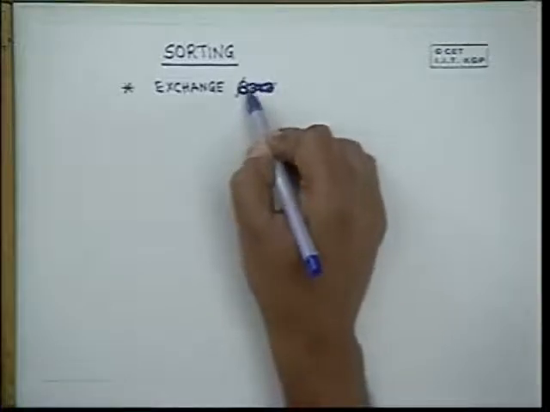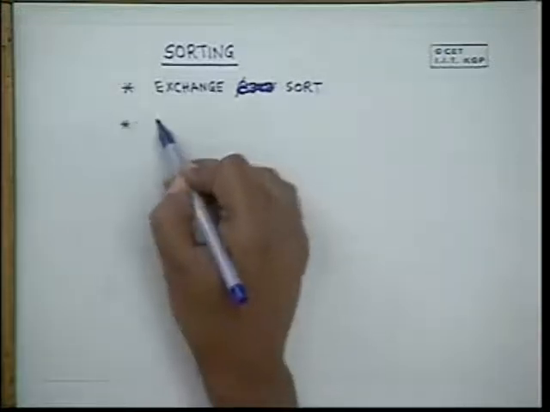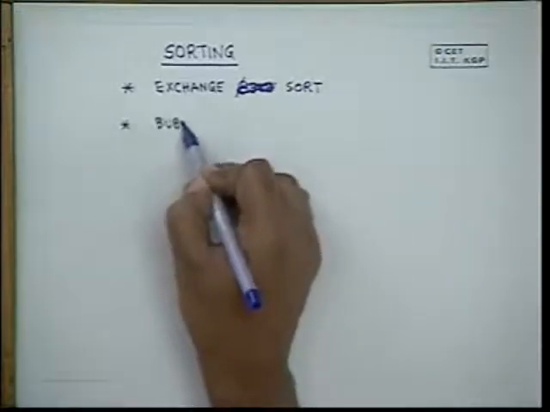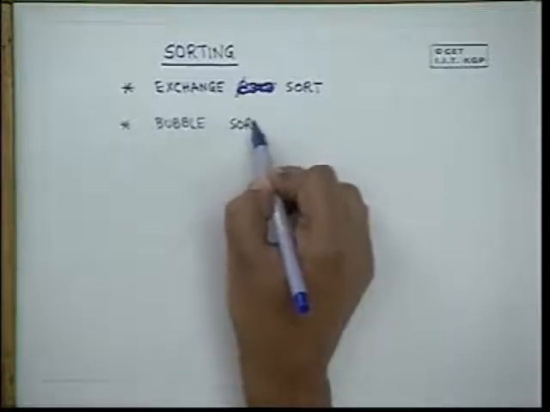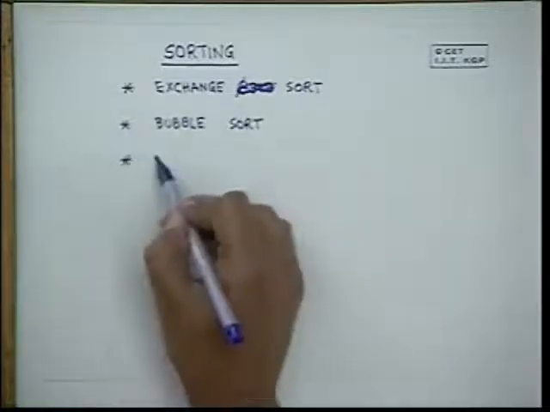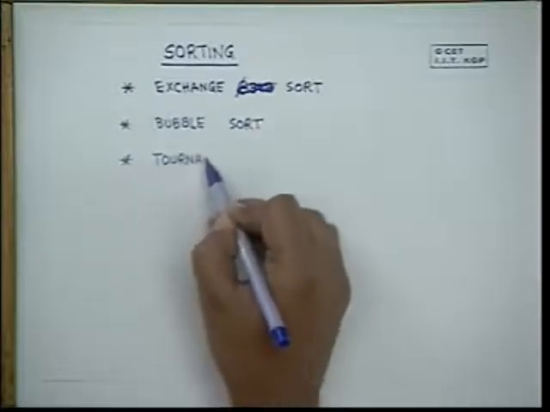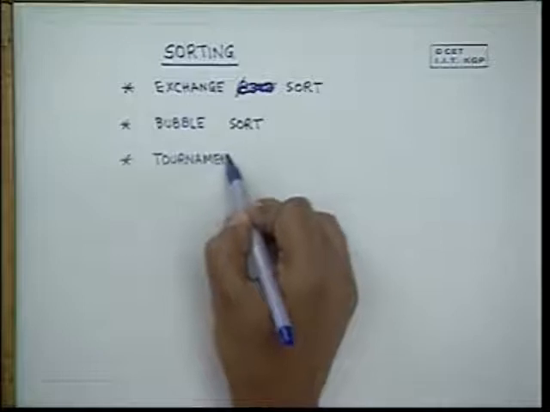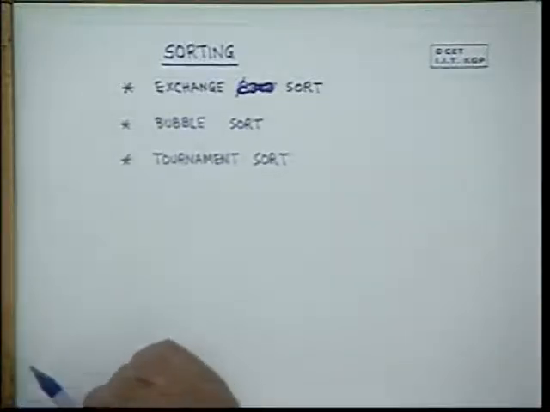So exchange sort we know. Bubble sort we know. And we did a sort of tournament sort or something like that. 3 kinds of sorting routines we have done.